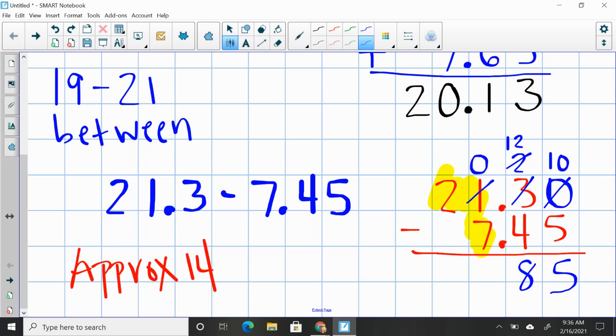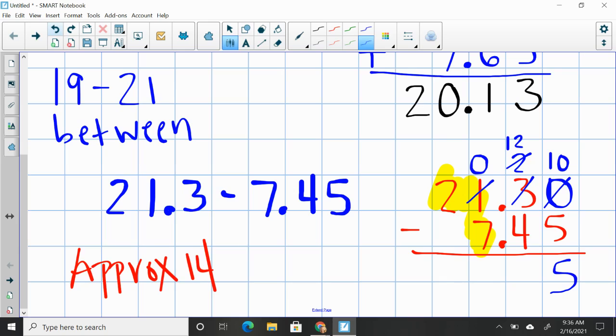Some people will go ahead and regroup that, and they'll make this a 1 and make that a 10, and then go ahead and subtract, which you will end up with 13. However, I'm going to undo all of that.